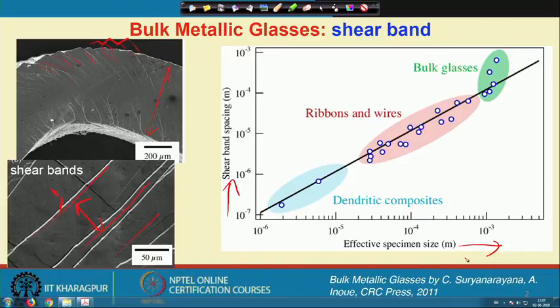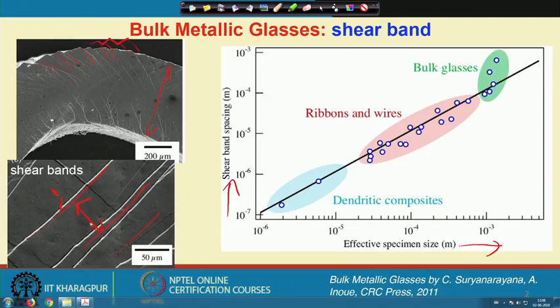Let us think about a very thin ribbon or a wire made of a metallic glass, or a 2 millimeter or 10 millimeter size bulk metallic glass, and we deform them and measure the shear band spacing.